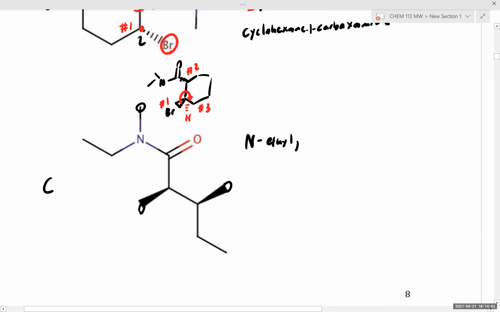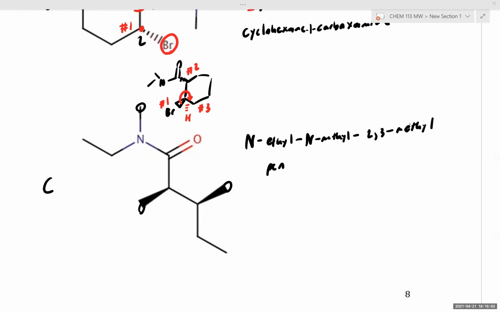So since we have 3 methyl groups, we may want to use a certain prefix. So we have a student proposed name of N-ethyl, N-methyl, 2,3-methyl pentanamide.